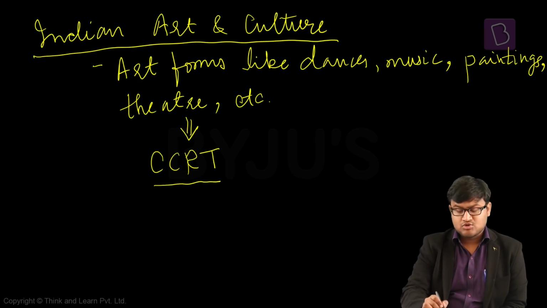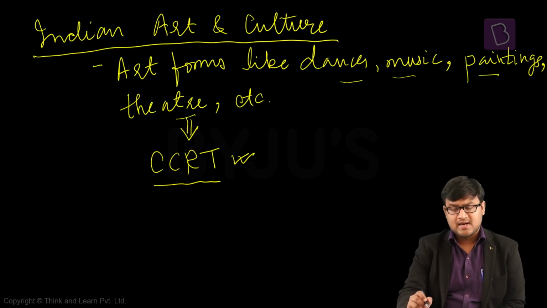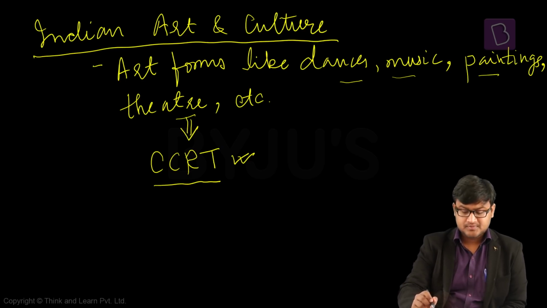This is a government source, and in this you will find aspects of Indian culture related to all of this. Apart from this, there are various materials available in the market, and if you can find that these topics are covered in those materials, then those materials could also be followed.